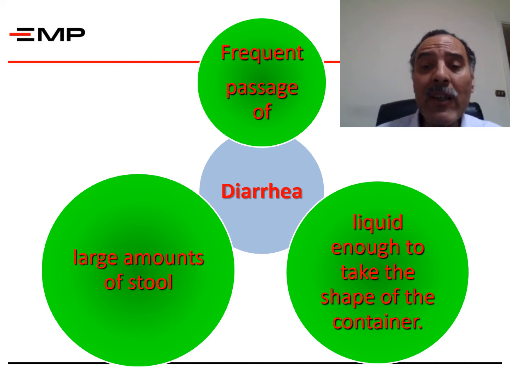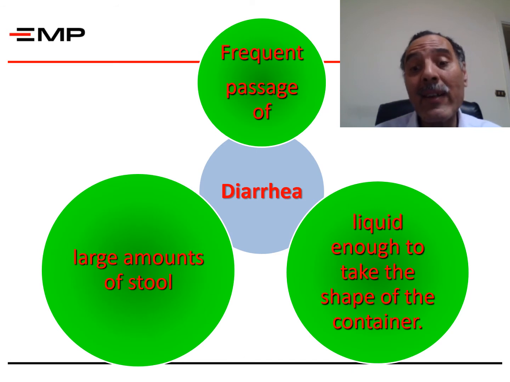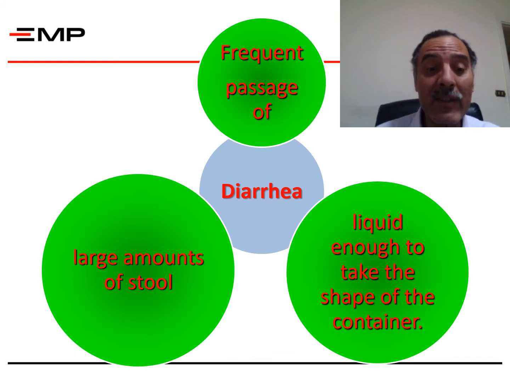And by definition, liquid is something that can take the shape of the container. So it may be liquid like water, like a soup, or like a semi-formed stool, but it can take the shape of the container. So there are variable degrees of liquidity.